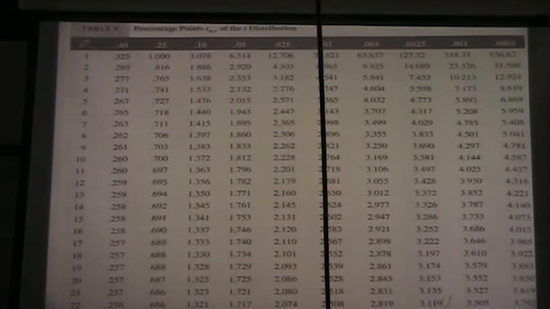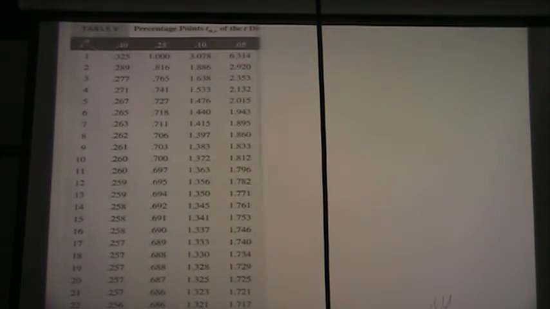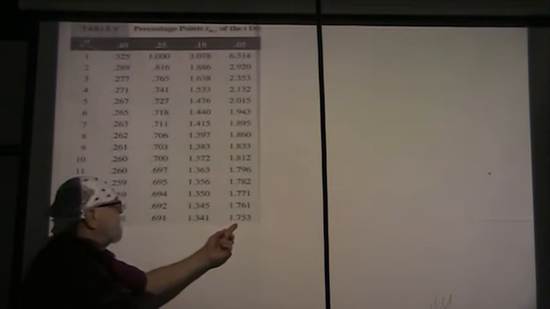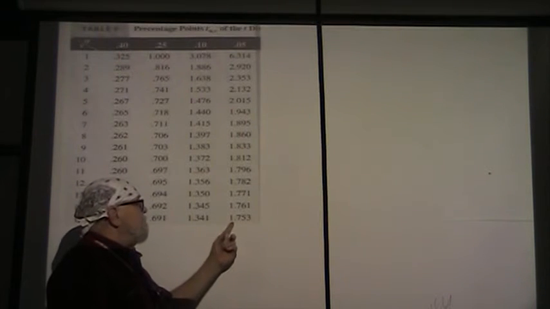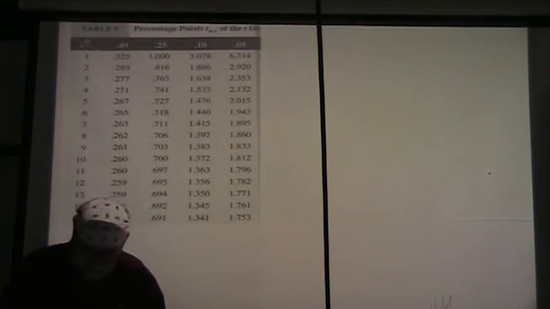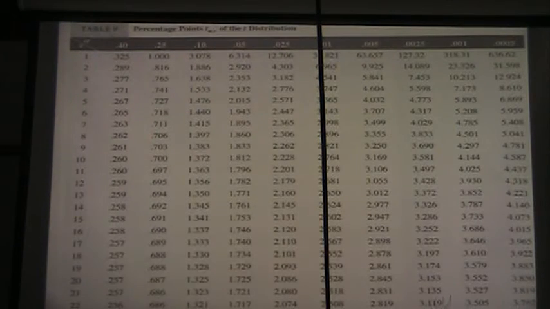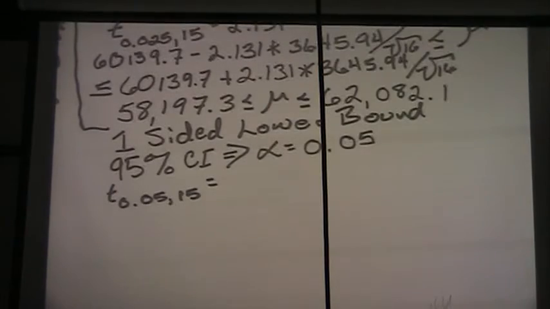There they are. All right, so we want 0.05. I put my paper down right by that column. Then I want 15 degrees of freedom. All right, so here we have it, 15 degrees of freedom, 0.05, 1.753.